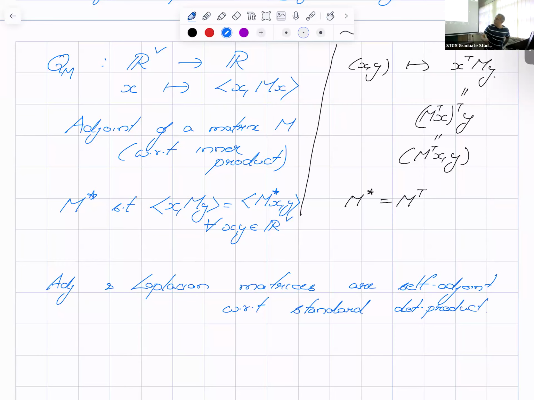And what the spectral theorem will basically guarantee is, if you give me some matrix M and there's some inner product with respect to which the matrix is self-adjoint, then there always exist n eigenvectors and n eigenvalues. Let me define self-adjoint: M star equals M.